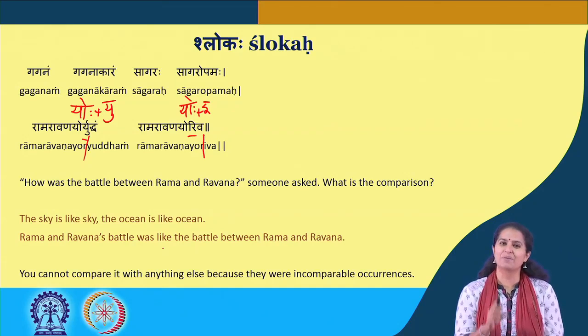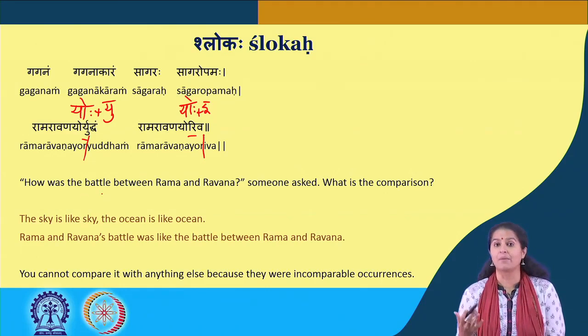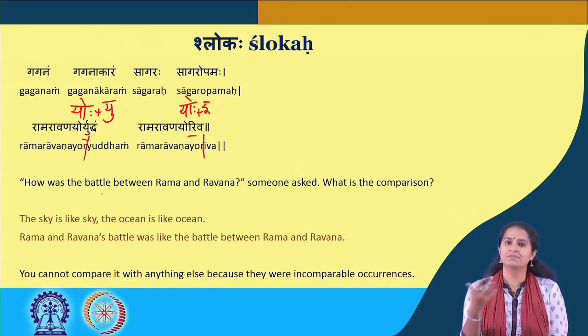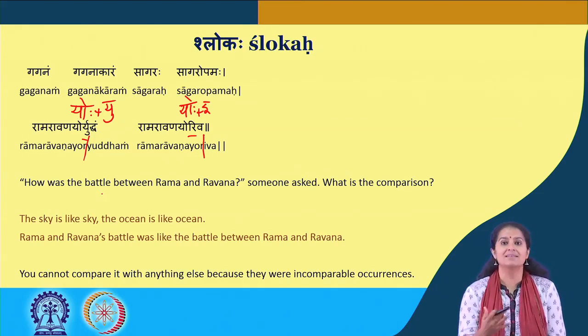I picked it up from Swami Krishnananda's book, where he's trying to talk about the description. Somebody asks, but how was the battle between Rama and Ravana? It's in the context of trying to describe the soul. If somebody asks for a comparison for the soul, it is very difficult to give a description or a comparison, because it is as unique as the battle between Rama and Ravana.